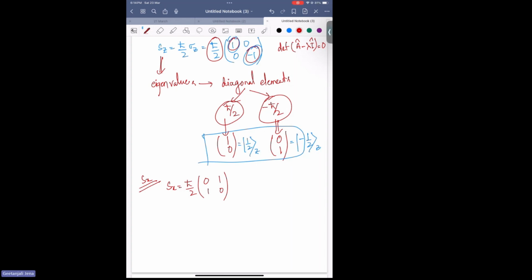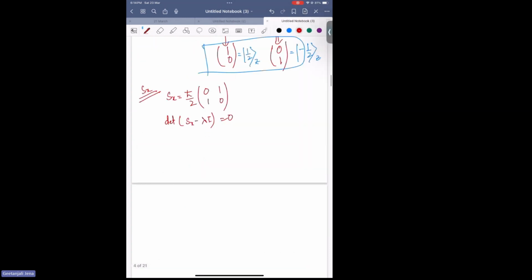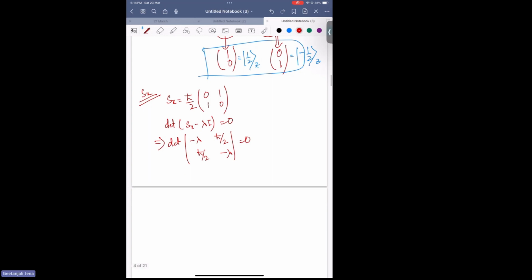This is a non-diagonal matrix, so we have to solve the equation determinant of Sx minus lambda equal to 0. But because it is a simple 2 by 2 matrix, you can easily find the determinant. This will be minus lambda, ħ/2, ħ/2, minus lambda, equal to 0.